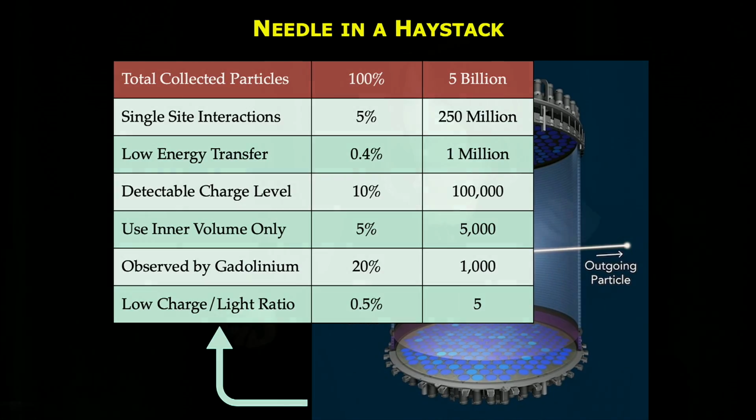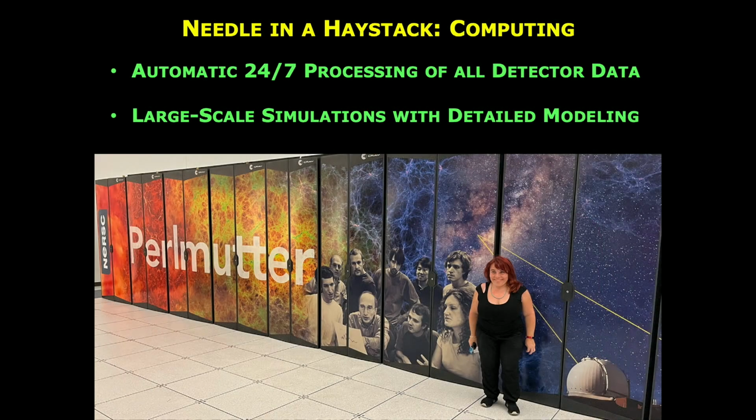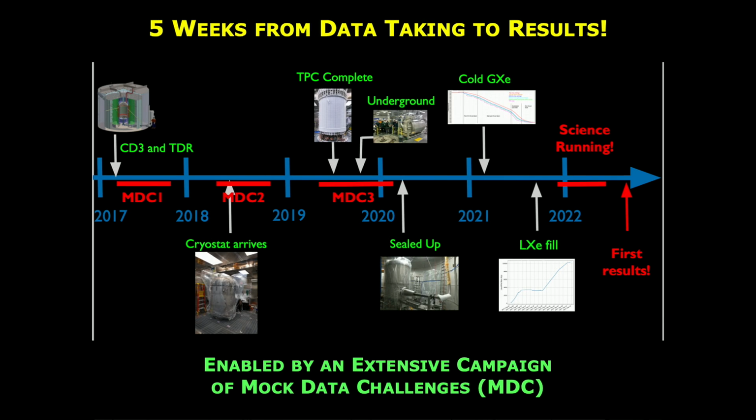I'm making it sound easy, but it requires a couple of supercomputers. This is the newest one that we have at NERSC in Berkeley. And it required us to build the experiment in software between 3 and 5 times, depending how you count. So for the last 5 years, while we were building and installing the detector, we did those things called MDC 1, 2, 3.